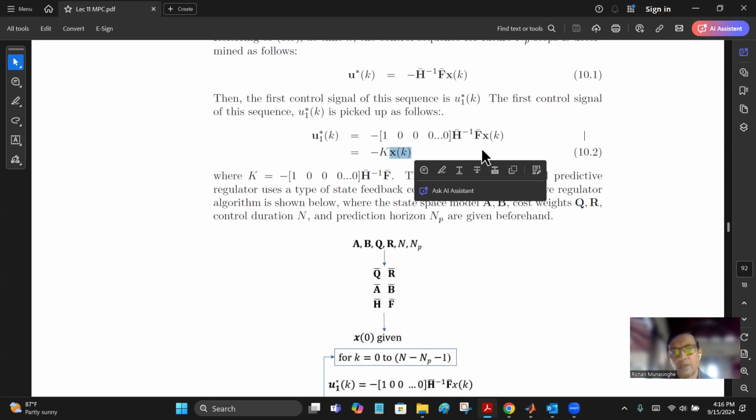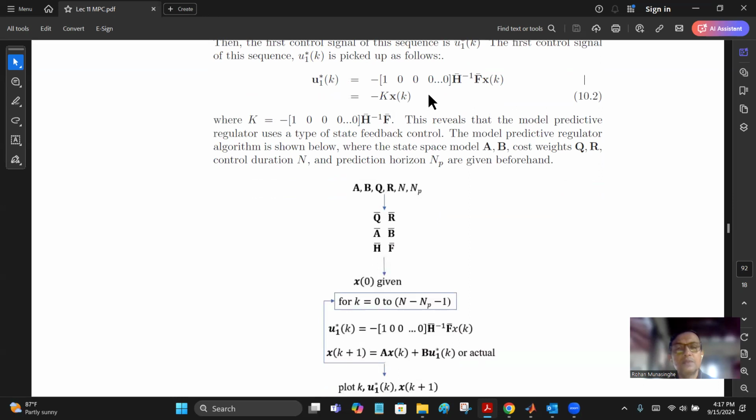So even though you have come from a very different route, if you put the optimization into model predictive control with control horizon 1, it becomes standard state feedback control. It is very similar to state feedback, but this is optimal.